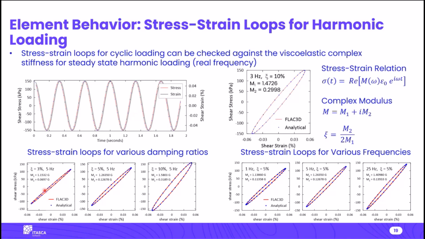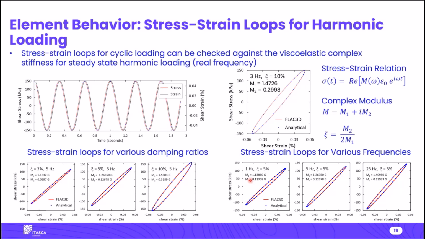Shown here, the FLAC 3D results are in red, and blue is the analytical complex stiffness solution. All of these are at 5 hertz, with different damping. You can see the stress strain loops match between FLAC and the analytical solution. And here are stress strain loops for various frequencies.